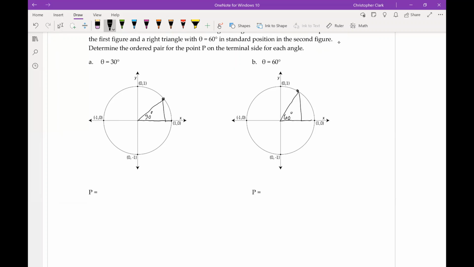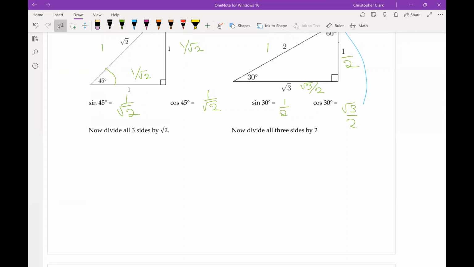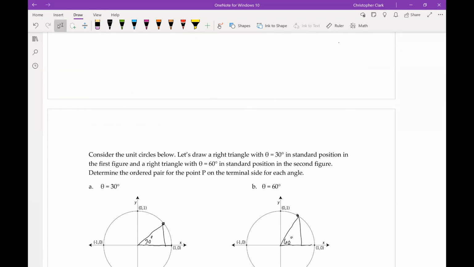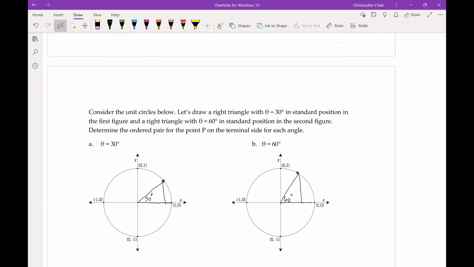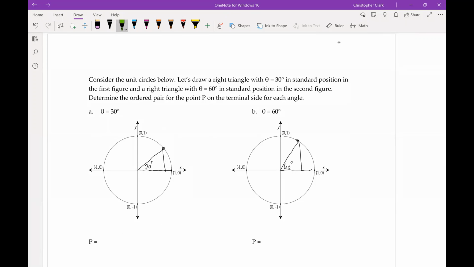Well, we do, because up here we determined that sine of 30 is 1/2, and sine, remember, is associated with the y coordinate. So this piece right here, I'm going to do this in green, whatever it is, has length sine of 30, which we know is 1/2.